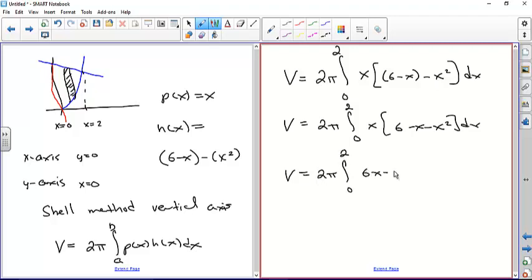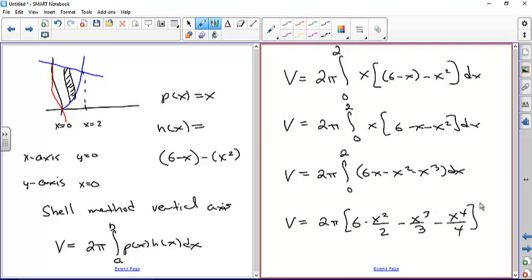So you get 6x minus x squared minus x cubed, whole thing times dx. So the integral of 6x is 6x squared over 2. The integral of x squared is x cubed over 3. The integral of x cubed is x to the 4th over 4. And you're going to evaluate that between 0 and 2.